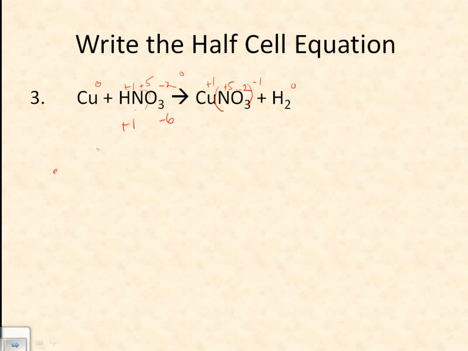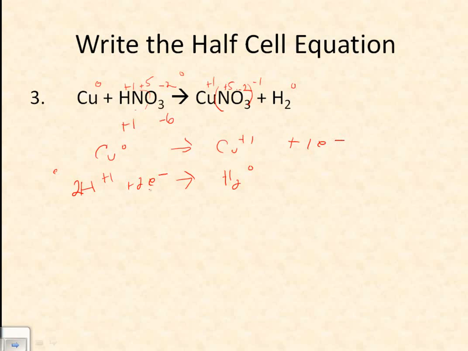Okay, so my copper went from copper 0 to copper +1, and my hydrogen goes from +1 to H2, which is 0. Because there's a 2 here, I immediately have to put a 2 in front of this. Alright, to get my electrons to balance, I need +1 electron here. I'm going to need 2 electrons here to get this to balance.